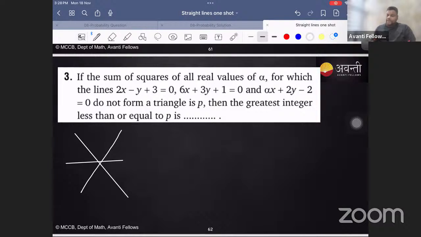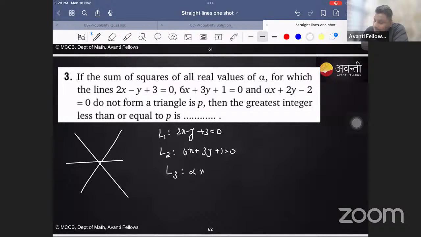Got it? So case one, let me call these lines L1, L2, and L3.